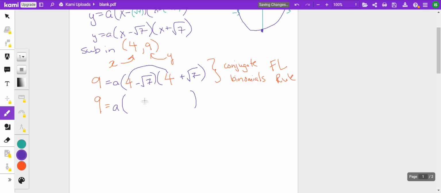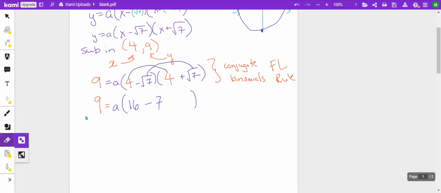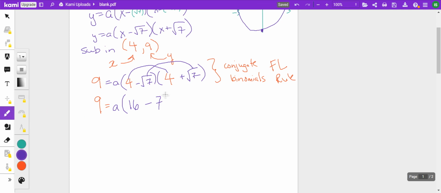So first times first, 4 times 4 is 16. Minus times plus is minus. Root 7 times root 7 is 7. Right? If you need a review of that, you go back to the last unit, come in and ask me. 9 equals a. 16 minus 7 is 9.